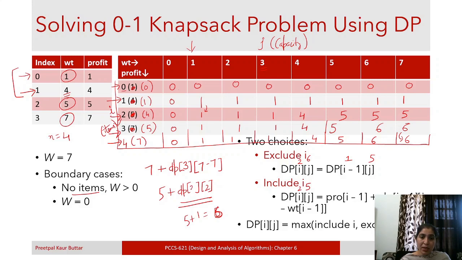Okay, so it is 3 comma 0. Here it will be 7. So the total profit is 7 plus dp3 comma 0. So 3 comma 0 is 0. Okay, so out of 6 and 7, the maximum profit is 7. Okay, so this is the solution to this knapsack problem. The maximum benefit you can earn is 7.